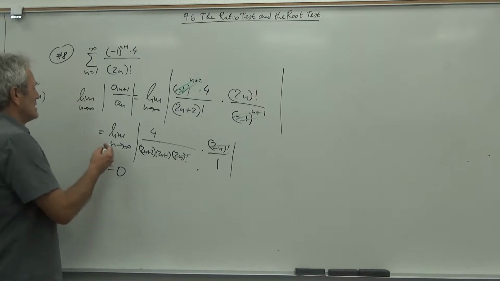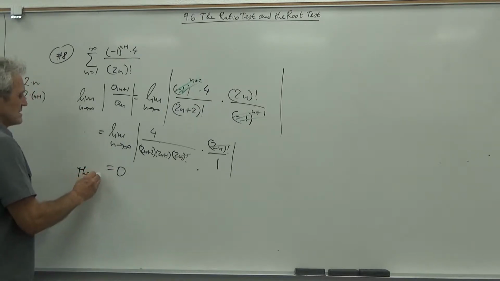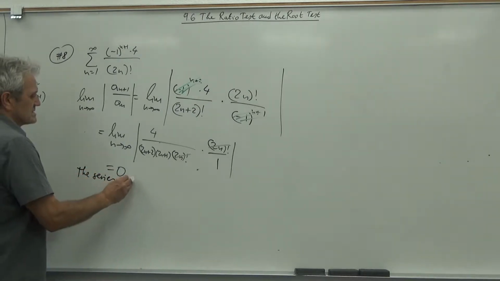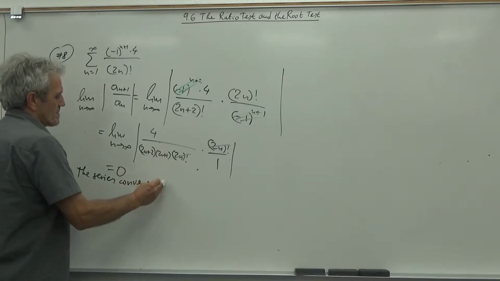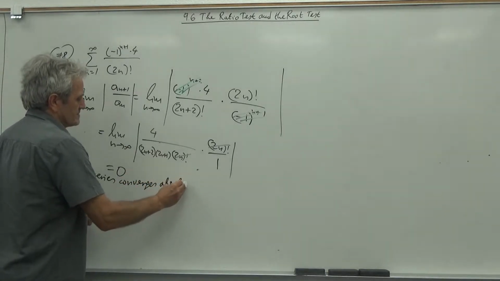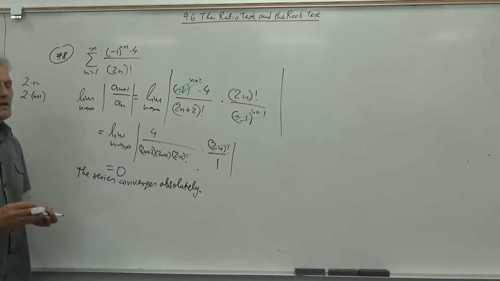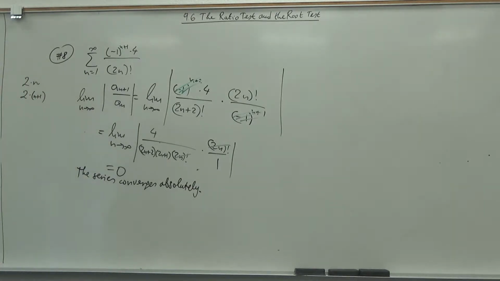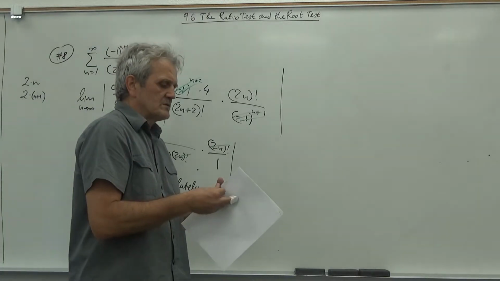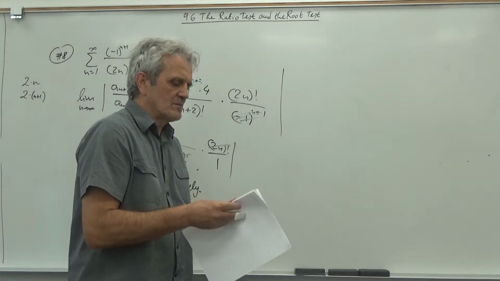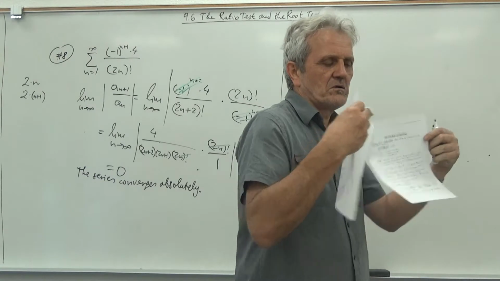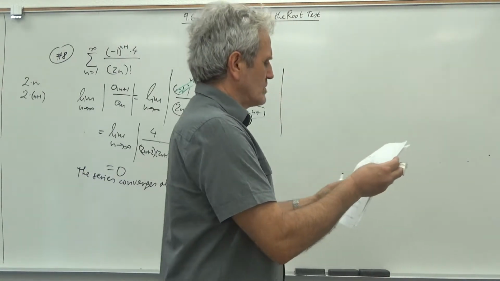This is less than 1, so the series converges absolutely. All right, so that's how all this goes, and fairly trivial illustrations, nothing really big. Just let's see how all these calculations work.